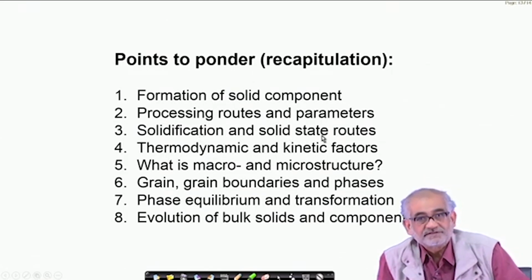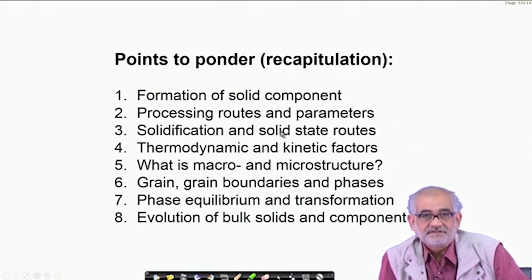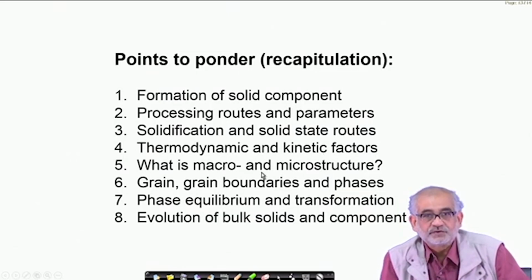We can also form solids from solid itself, and that means we can allow the solid, by way of either thermal or thermomechanical treatment, to change its phase from one to another, and during such transformation of phases we can bring in very major changes in the microstructure. Such microstructural changes or evolution will be vastly governed by the thermodynamic and kinetic principles, namely the solubility limits, the diffusion coefficients, and so on.